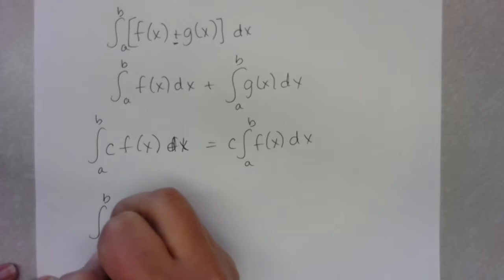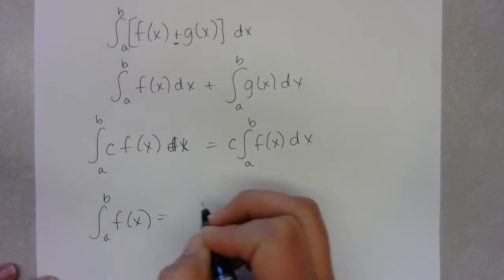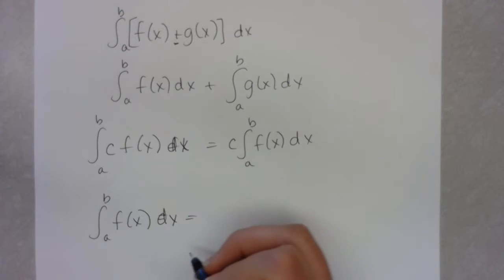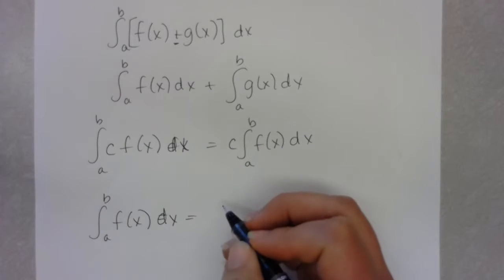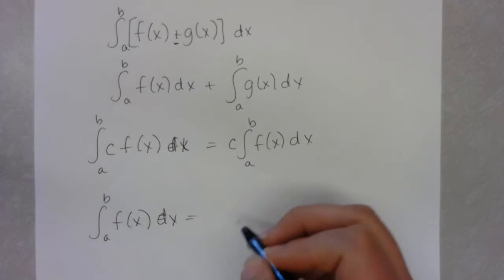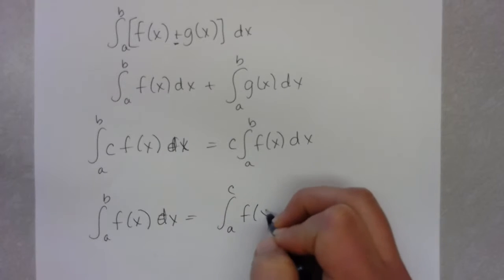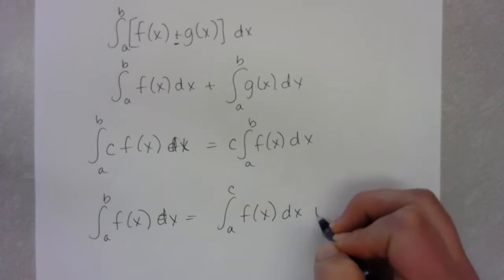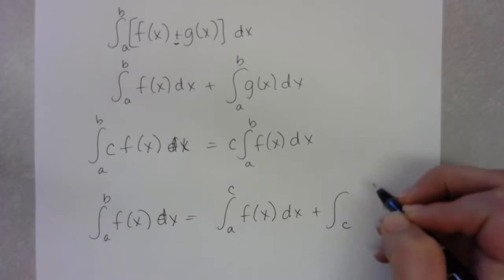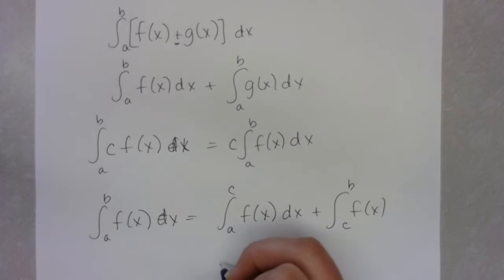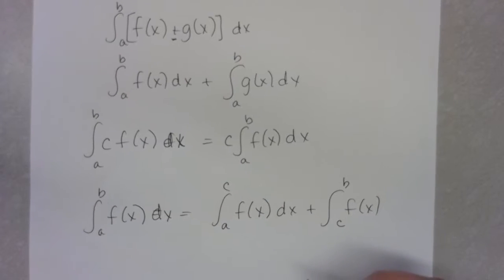All right? And then we have one last one that basically says that if I have some integral from a to b of f of x, then I can break this apart into two different integrals. So I'm going to choose some value c that is between a and b, and that means I can go from a to c of f and add to it from c to b of f. So this was c is in between a and b.